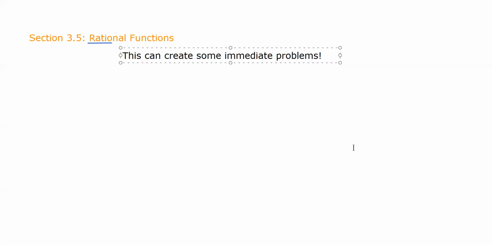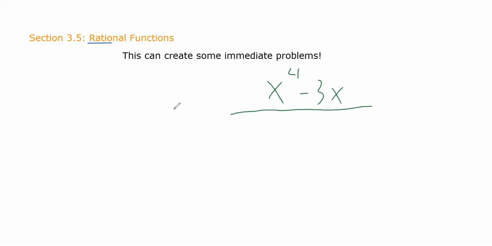A root is an x value that can be plugged into the polynomial that causes it to go to 0. So let me show an example. If you have a rational function with, let's say, this polynomial on bottom, this creates some serious problems, mostly because this denominator can go to 0.